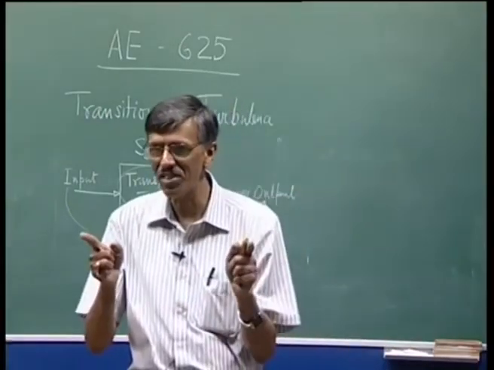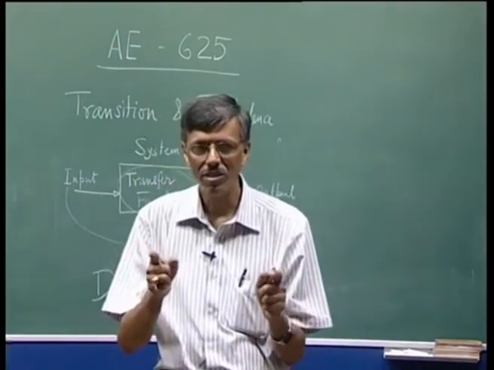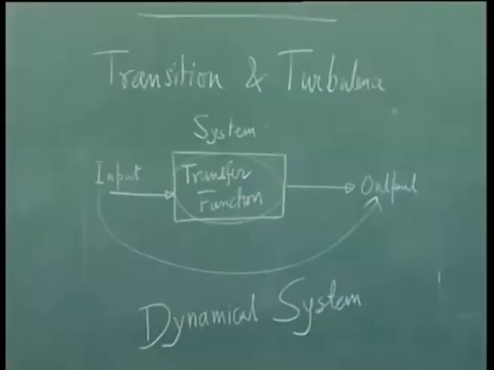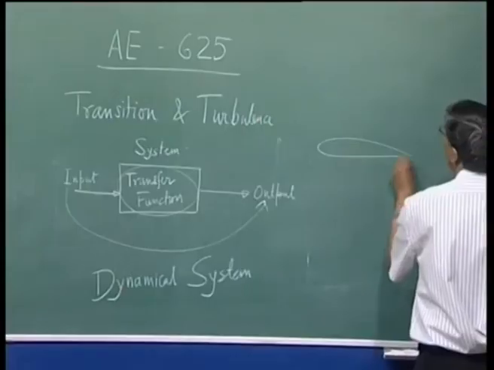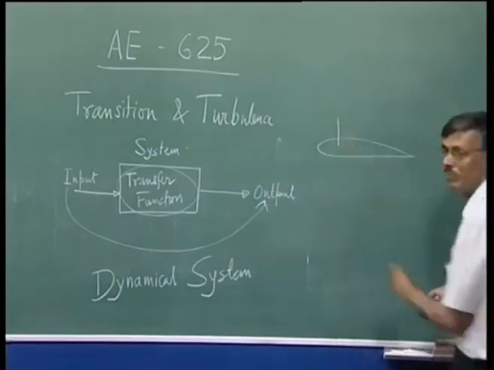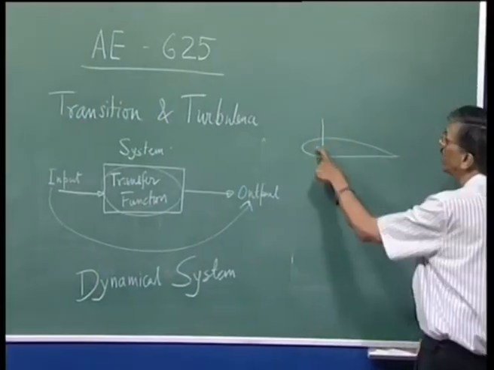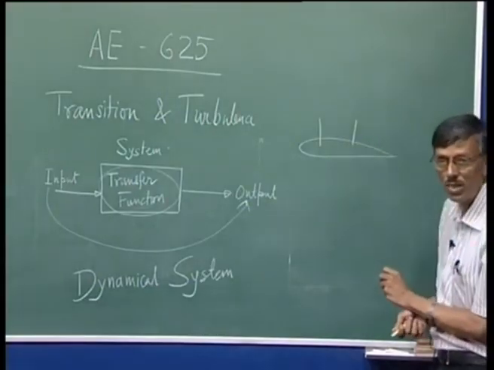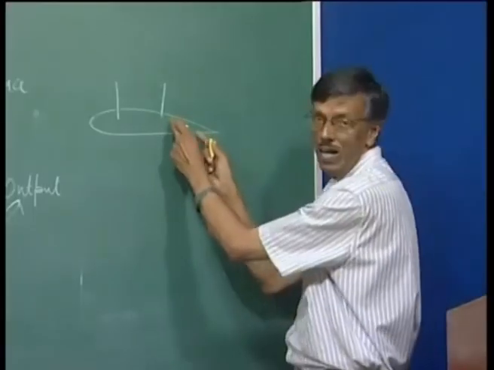You have a finite region over which the flow becomes unstable. So, if I am studying a flow past an aerofoil, the flow can become critical at this stage, but if I am looking at say fully turbulent state, it may have happened here.